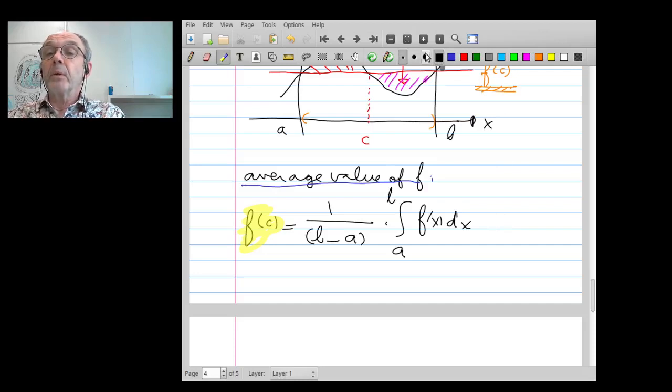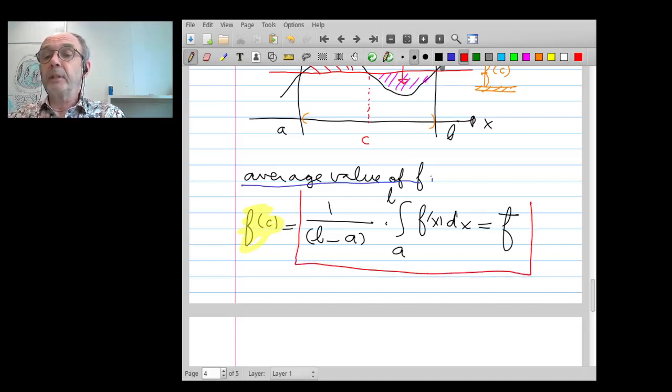I don't like what I'm doing now, but I don't know how to. And this is your average value. So this is the average value of f.